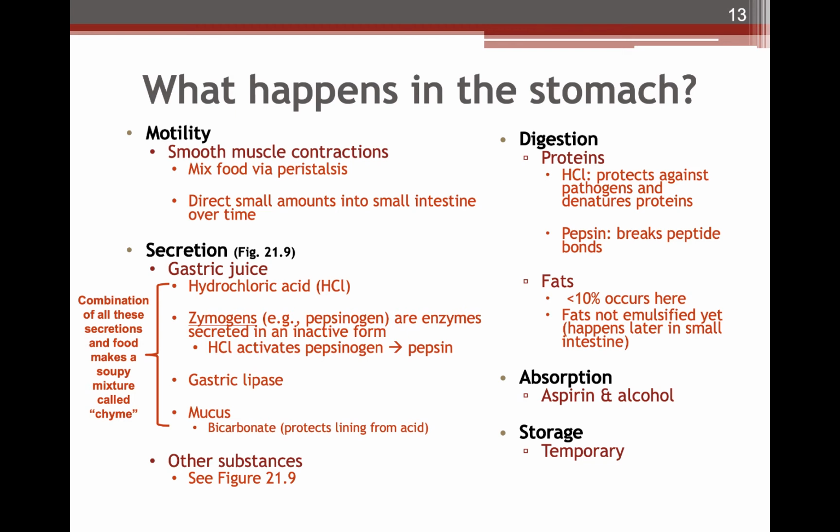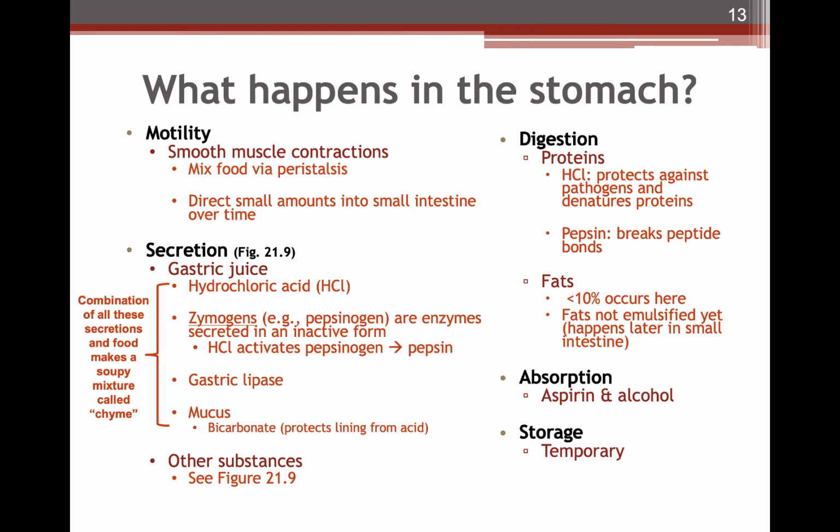That would be bad. And so a strategy that has evolved is that a lot of your enzymes for digestion are synthesized in an inactive form. And then once they're dumped into the digestive system, there are various methods present to activate them. They're only activated when they are in the compartment where they need to work.